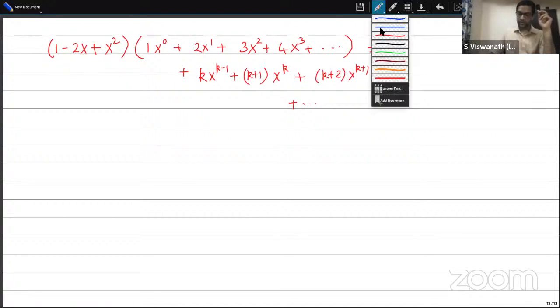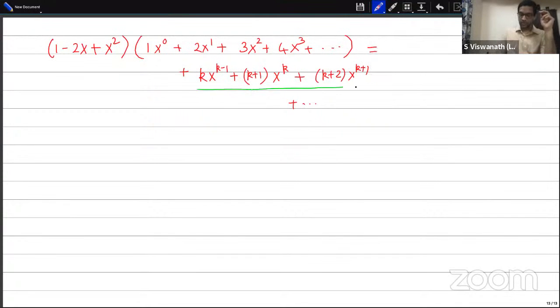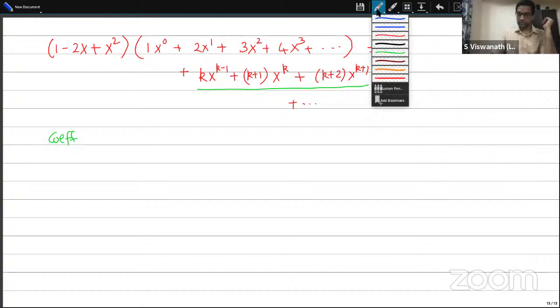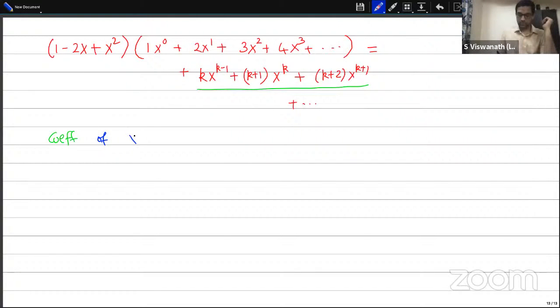Okay, so let me just look at these three terms alone. Those three will be the only terms which come up when I try to compute the coefficient of x to the k plus 1. So observe, the coefficient of x to the k plus 1 in this product will only come from three contributions.